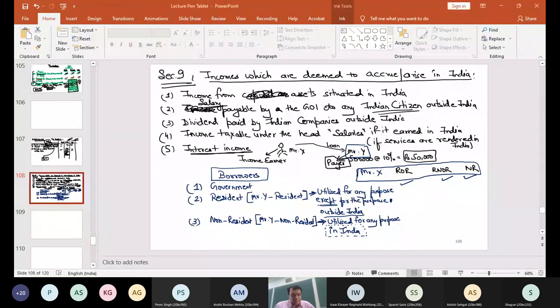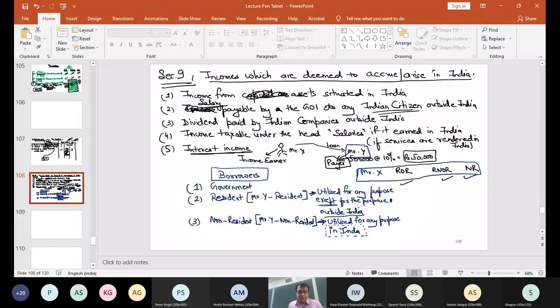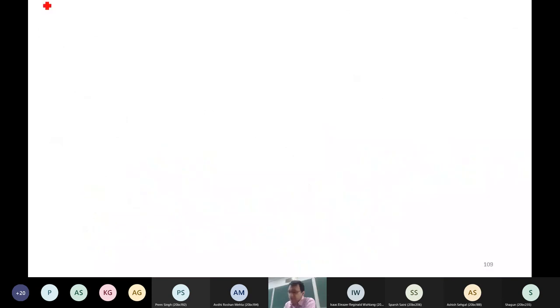Just like interest, we have 2 other provisions also within section 9. I'm not going to discuss those in detail because only the word will change, the concepts will remain the same. Like royalty income. This is interest, and the 6th point is royalty income.